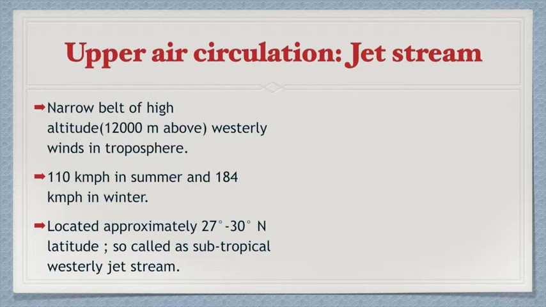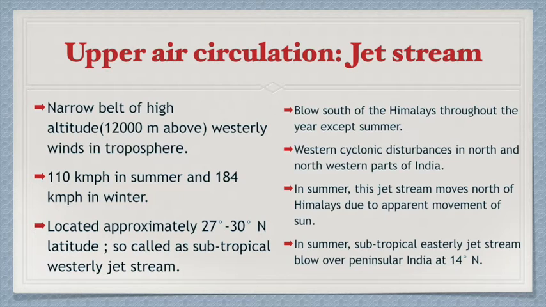This jet stream is approximately located between 27 degree north to 30 degree north latitude. 27 to 30 degree north is a subtropical region, so this is called the subtropical westerly jet stream.